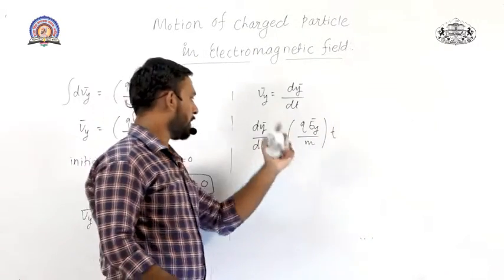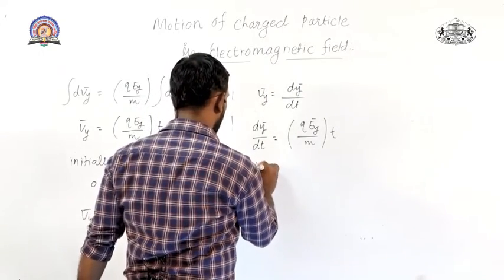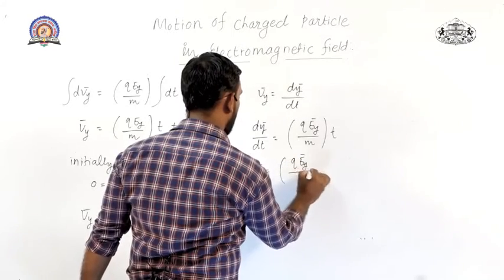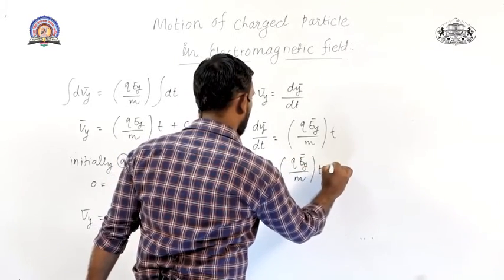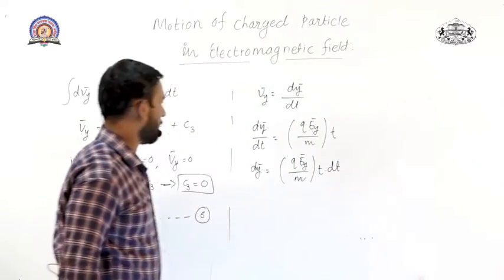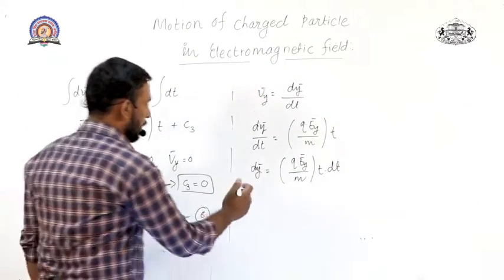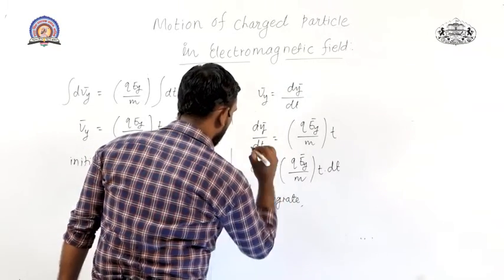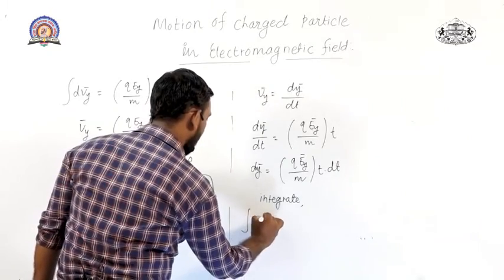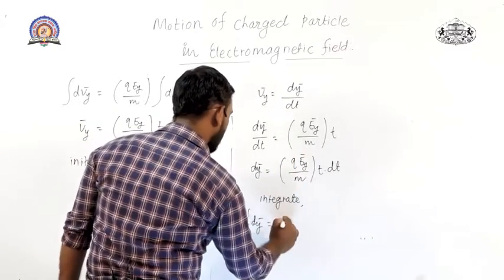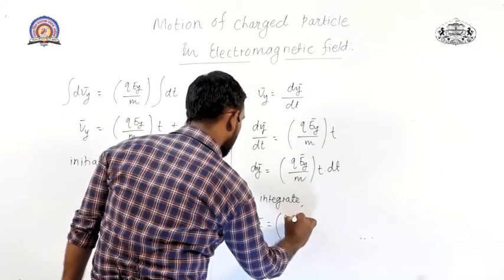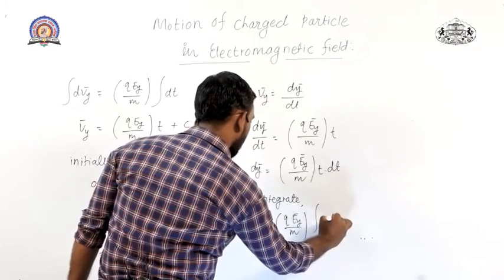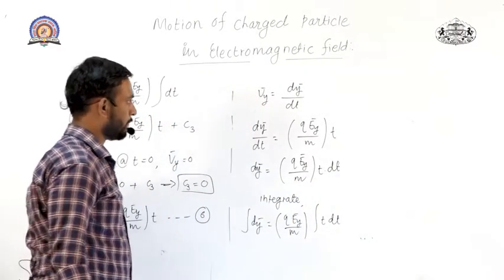What is the next procedure? Multiply both sides of the equation by dt. So dy is equal to q E_y by m into t into dt. Integrate the above equation. Those quantities are again constant, so keep them outside the integration, m into integration of t dt.